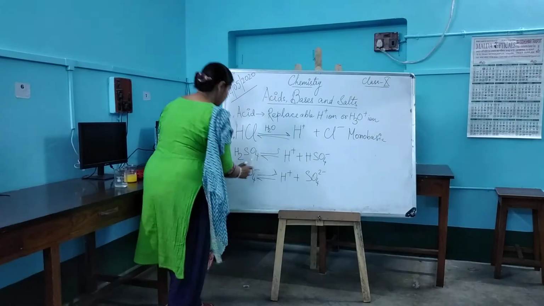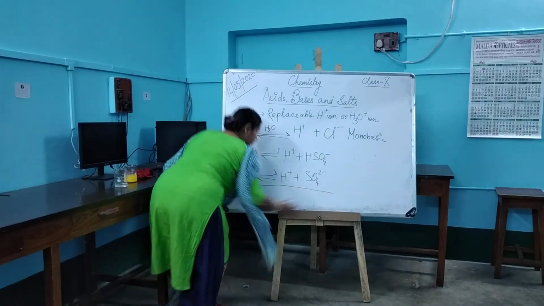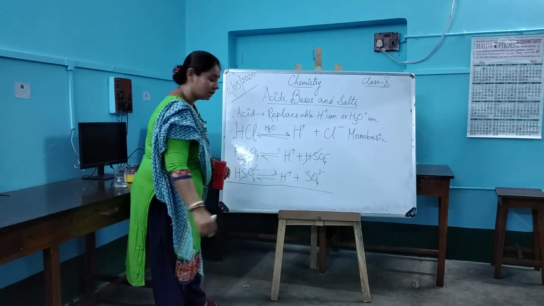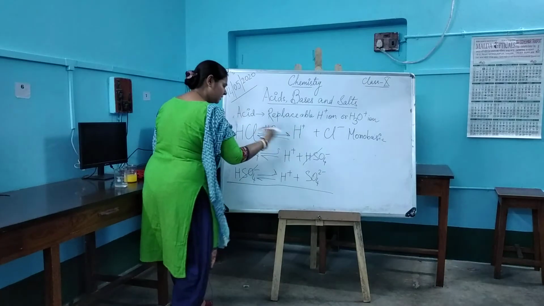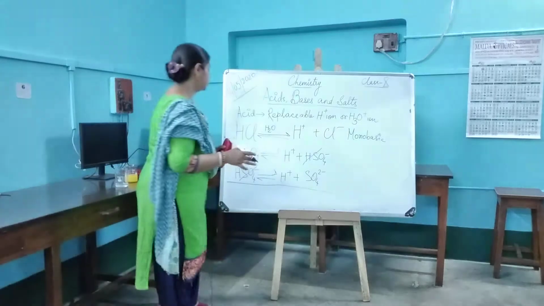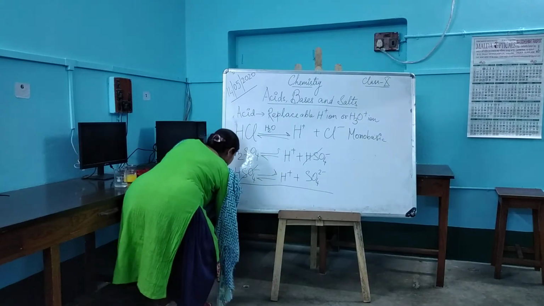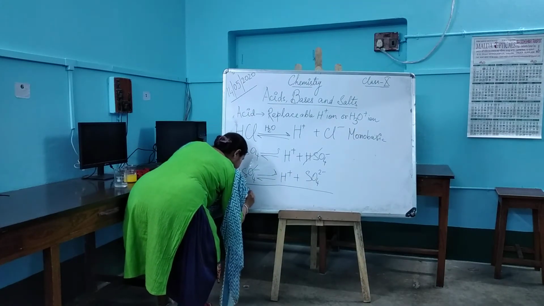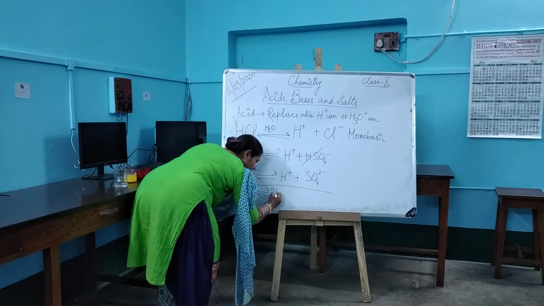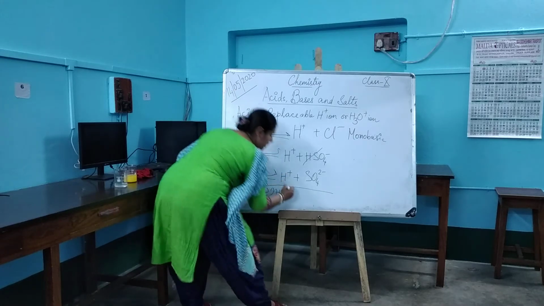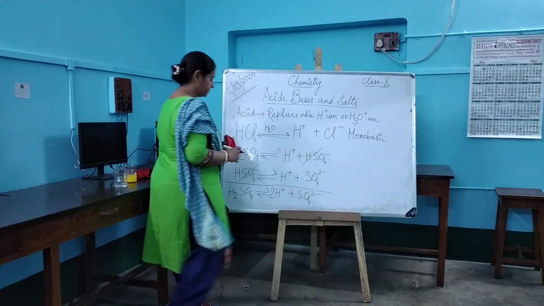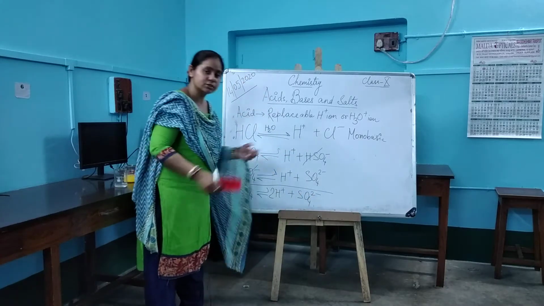If I sum up the entire dissociation, what will I get? This and this will get cancelled out, like the way you solve simultaneous equations. So I have H2SO4 reversible, giving 2H plus and SO4 2 minus.